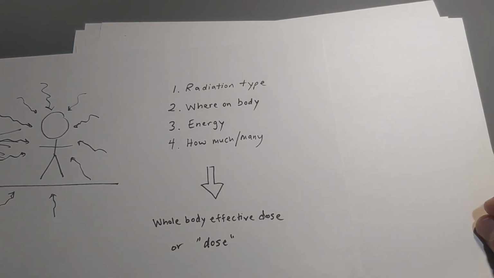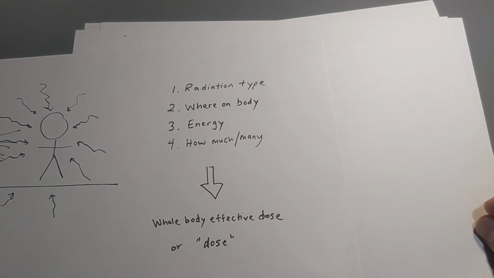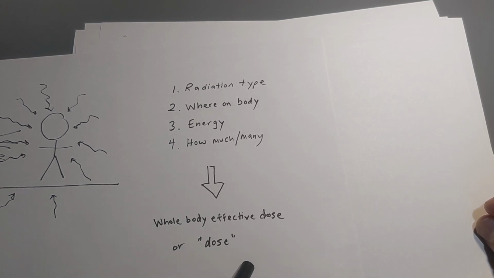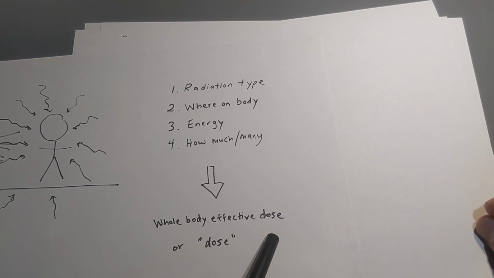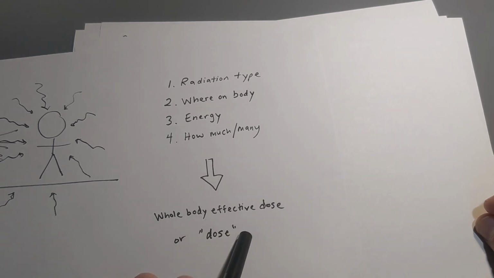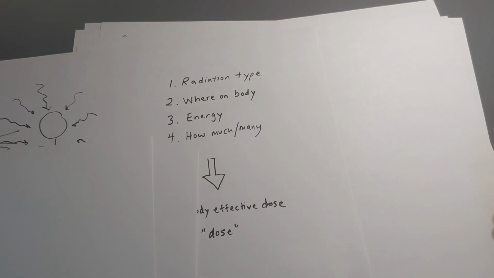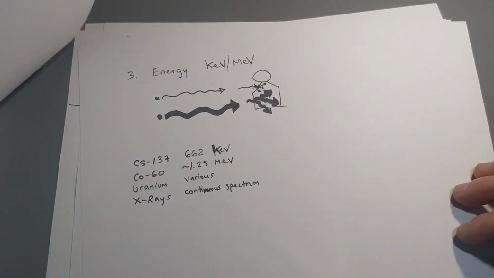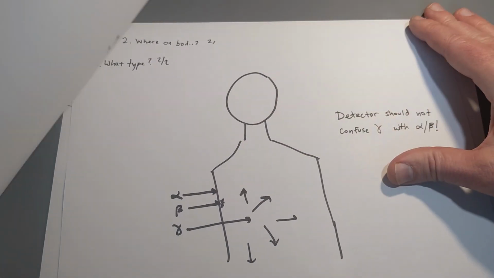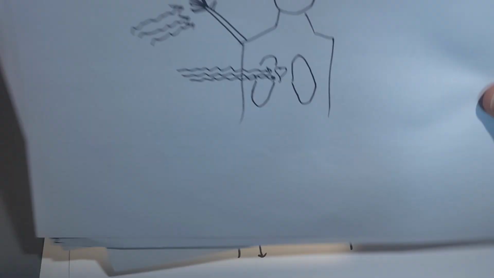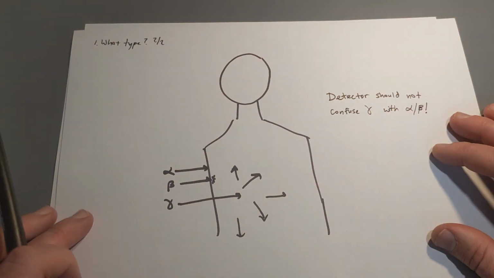That's how fast you're going. And miles is how far you've traveled in total. So you can travel a fast speed for a short time and get the same distance as a slow speed for a longer time. And that's like dose rate and dose. So that is energy.